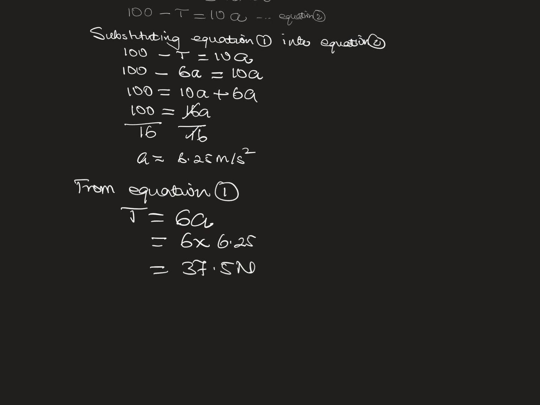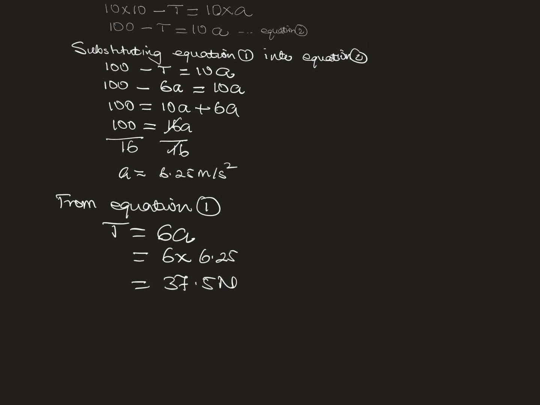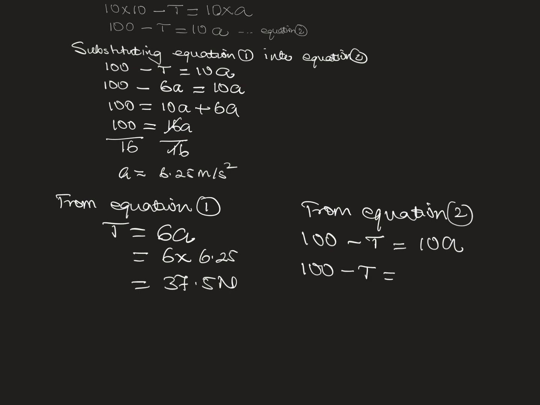If we want, we can also use equation 2 to find the tension. From equation 2, 100 minus T is equal to 10A. 100 minus T is equal to 10 times the acceleration, 6.25. Then we'll have 100 minus T is equal to 62.5.